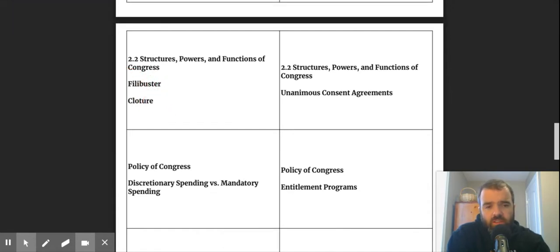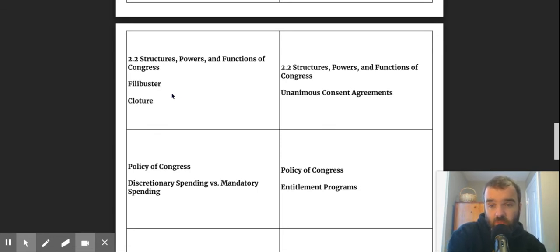A filibuster is a procedural move whereby senators will delay action on a bill by endlessly debating it. In the modern era, they don't actually go through the process of endlessly debating, although there are examples of senators who have grandstanded and spoken for 24 hours.